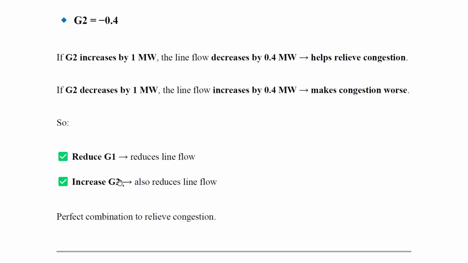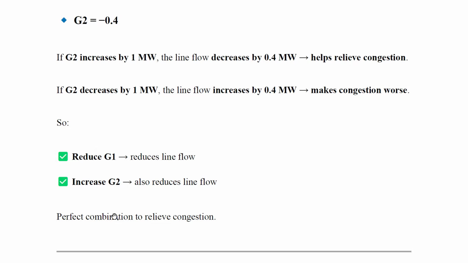So reducing generator 1 power reduces the line flow, and increasing generator 2 power also reduces the line flow.